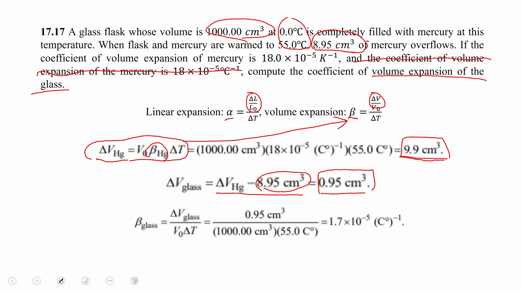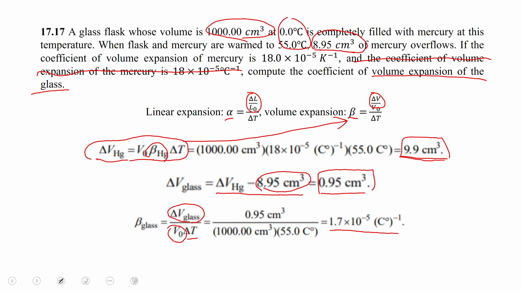Okay, when we have this number, we use this formula again, and we know the change of the volume of the glass flask over the initial volume of the glass. That's 1000, and the difference of the temperature is 55. So we can solve the coefficient for the glass.